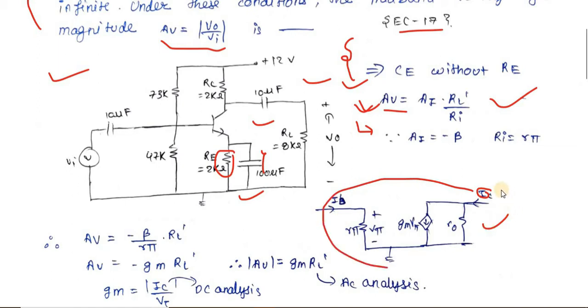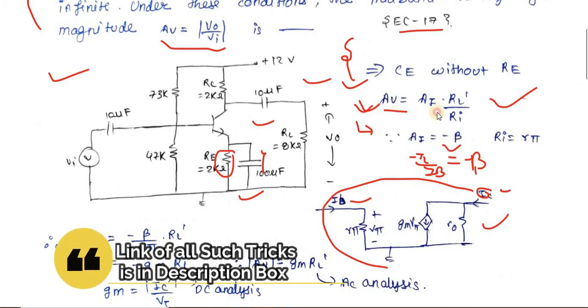This is your output current, this is your input current. The output current is coming inside the transistor, so you write the output current as minus IC upon IB. IC we know is beta IB. If you write beta IB here, IB gets cancelled and you are left with only minus beta. So you can replace this AI with minus beta.